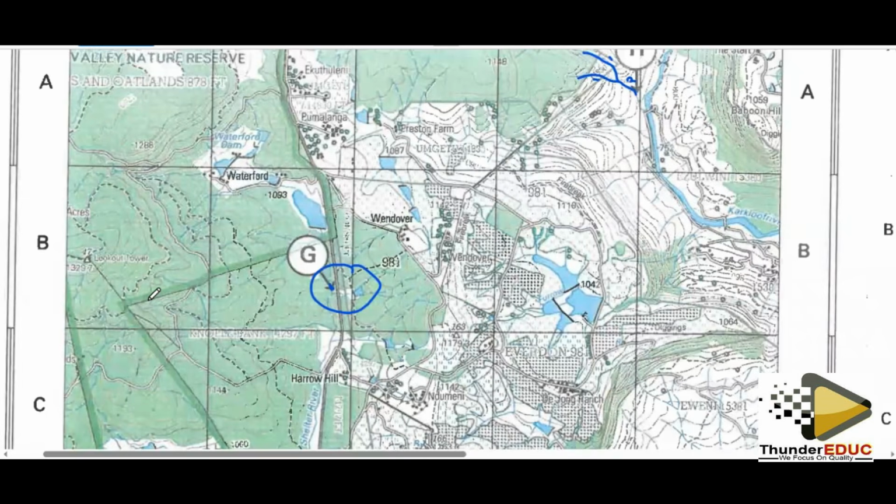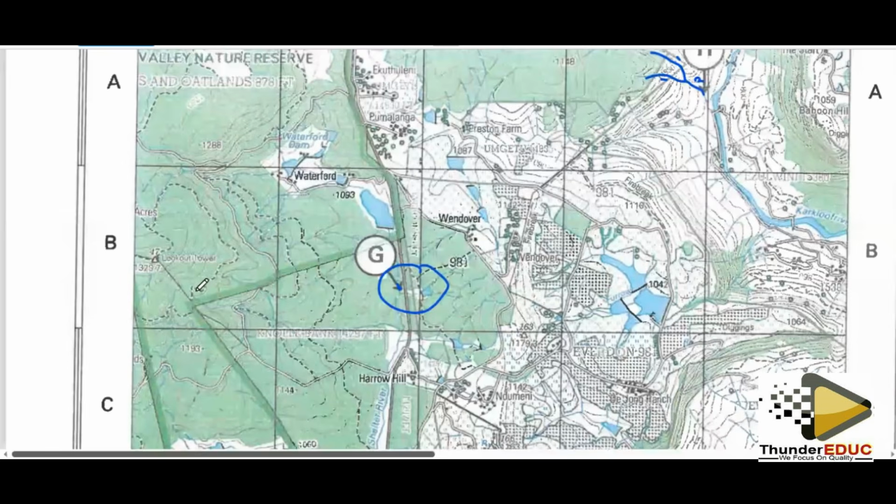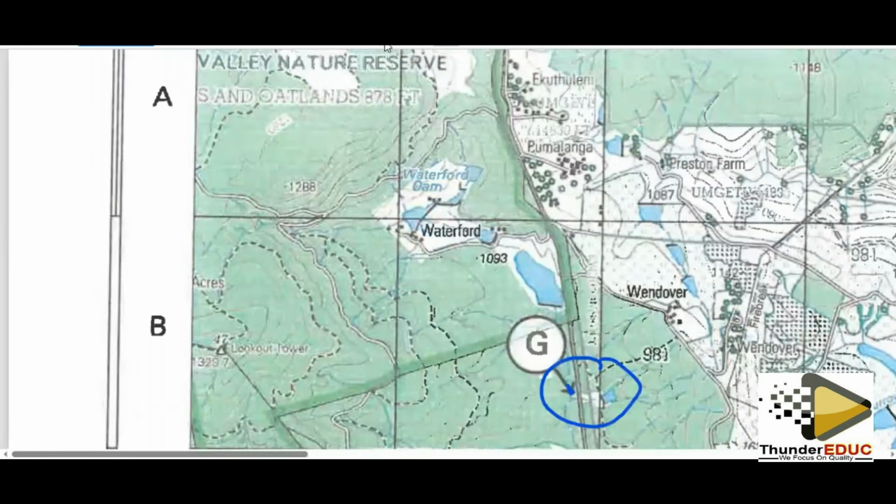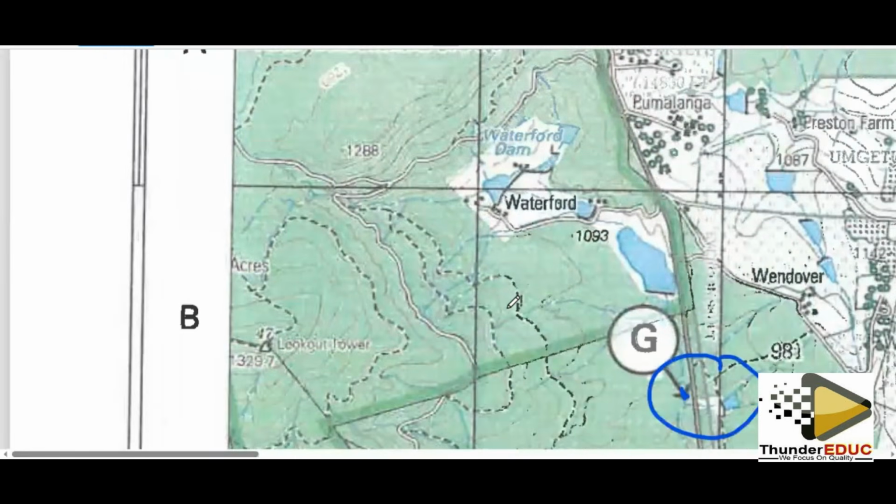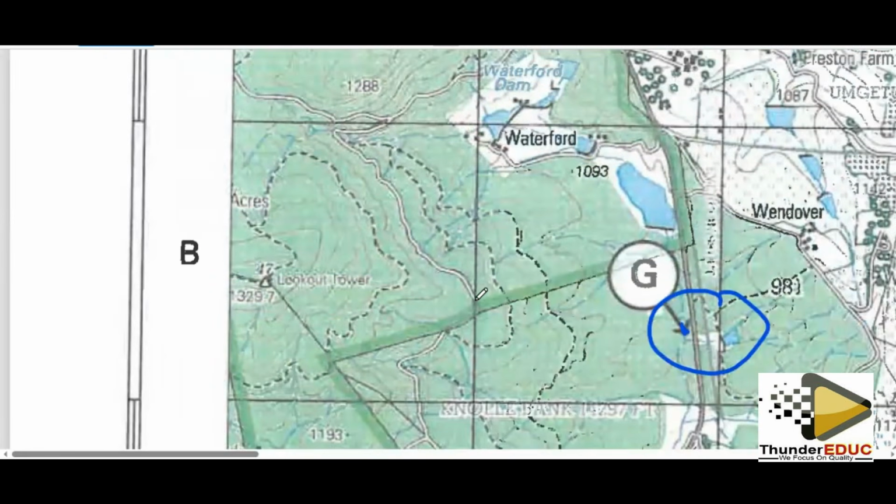Okay, let's see our map. Is that clear? Let's try to zoom in and see. In B1, what do we see here? What feature?